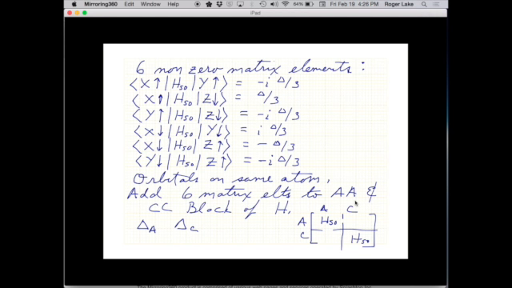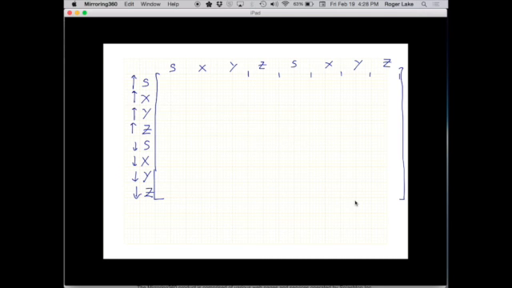Since both the AA block and the CC block are going to have exactly the same form, I'm going to write down what one of those blocks looks like, say the AA block, sp3 up and sp3 down. So these are all going to be down, and these will all be up. And similarly going across the top.